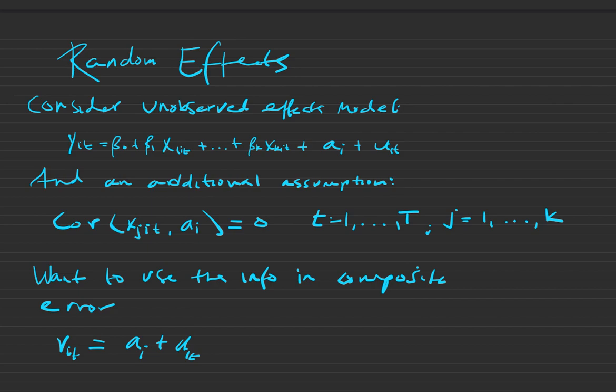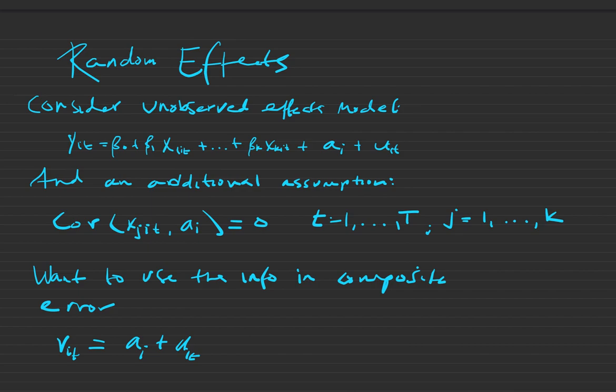And we have an additional assumption that the covariance between x_jit and a_i is 0 for all time periods and all explanatory variables. So this is new to our panel data setup.